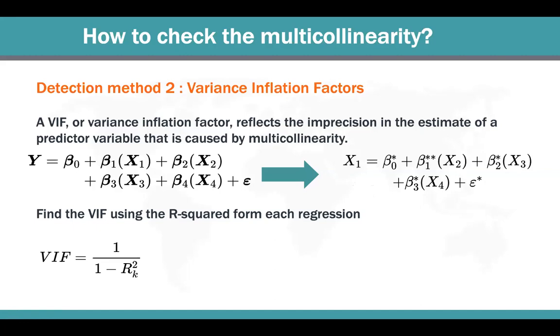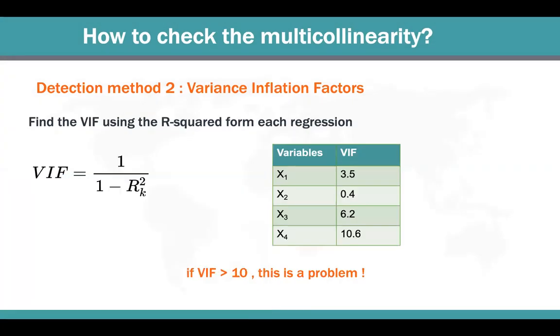If you don't know what the R squared is, I have a slide later. It's a number that represents how well your model fits your data. As we can see, we need to find the VIF using the R squared from each regression.